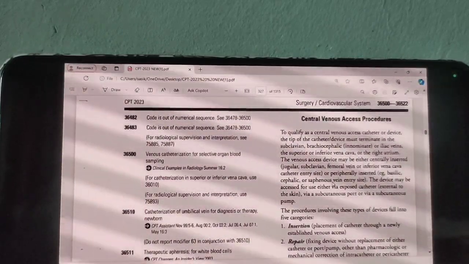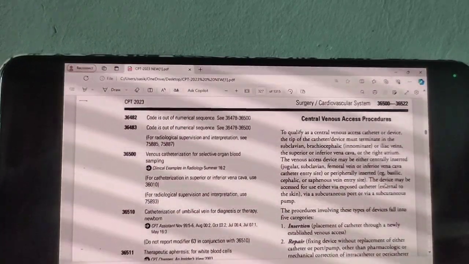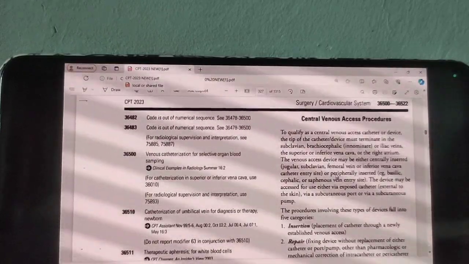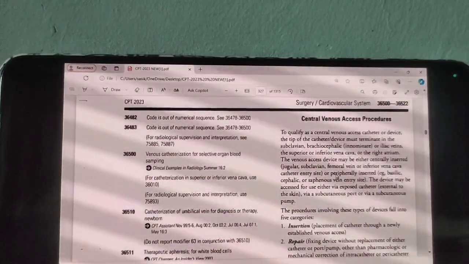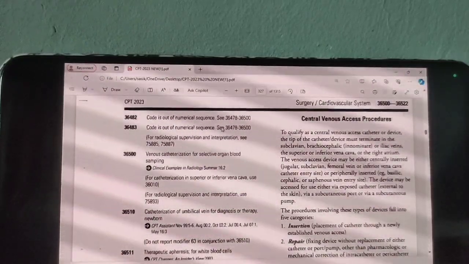For peripherally inserted, the entry sites are basilic, cephalic and cephalous veins. These are the entry sites for PICC. By using this entry site, you have to find out whether the catheter is CICC or PICC.